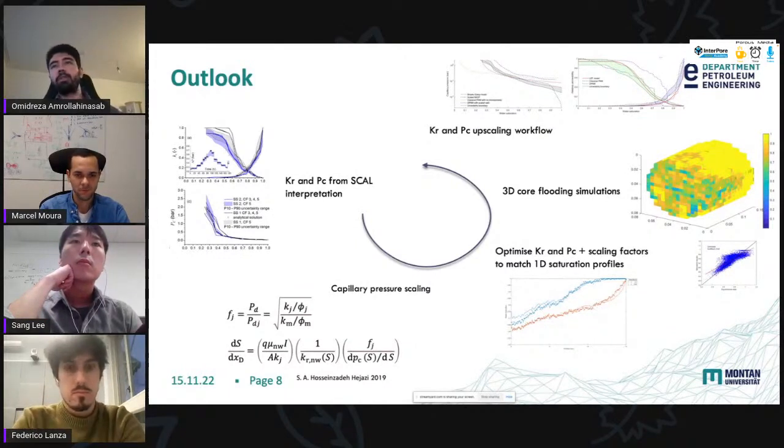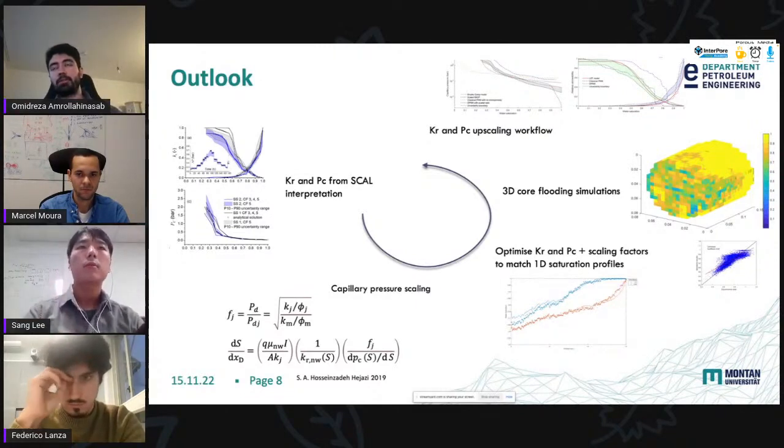So this is also what we use here, and we see that using the capillary pressure scaling ones, we can capture the 1D saturation profile that we see in the long core experiment, but this is a 1D simulation where you do a 1D slicing of your core.